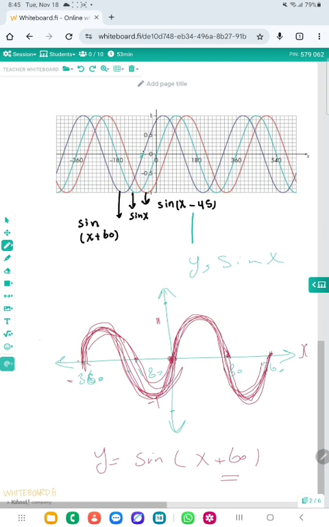Okay, and the peak that was 90 and 1 in the original will be where x plus 60 equals 90, which is that x equals 30, right? So the peak moves to 30 and 1. Here is 30 and 1.